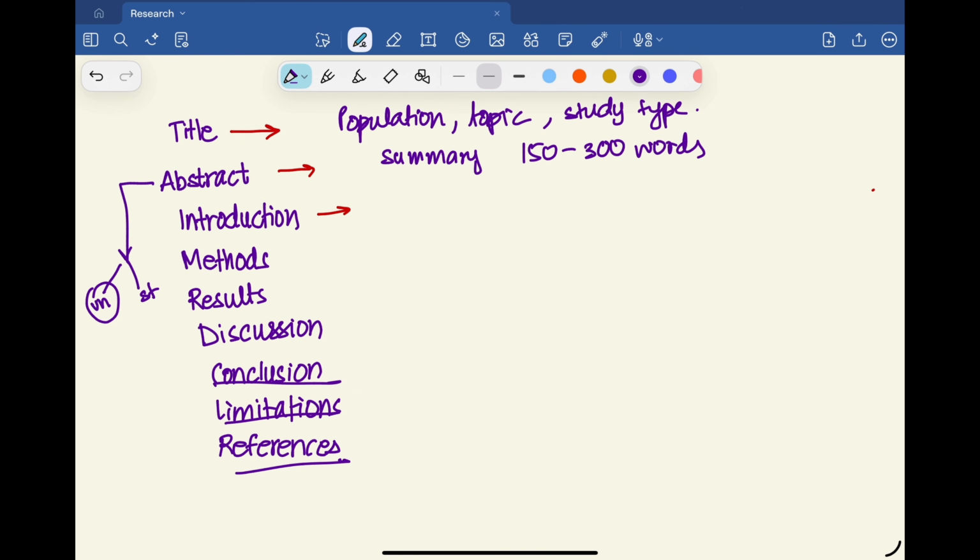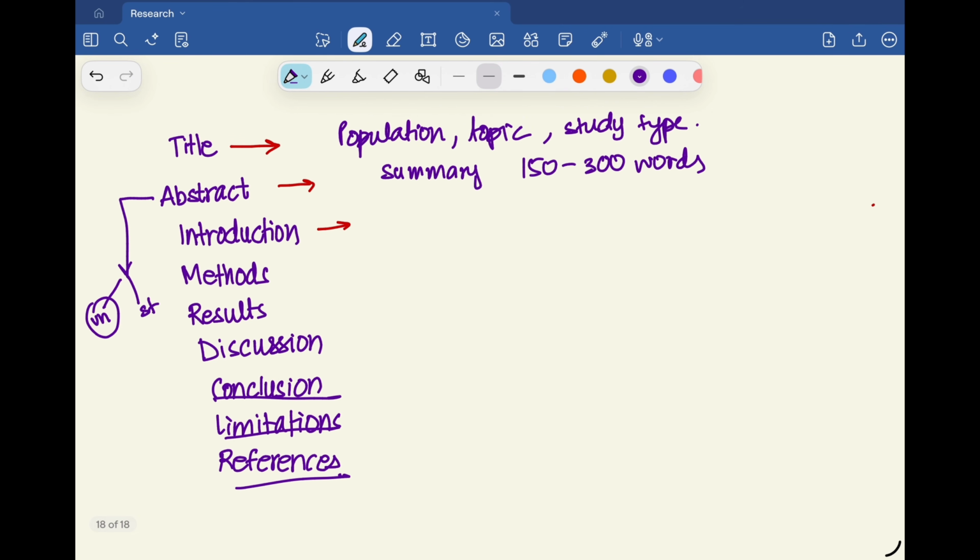Next, we have the introduction. Now, this is where the authors answer one question: why does this study even exist? Literally, that's what they answer in the introduction.